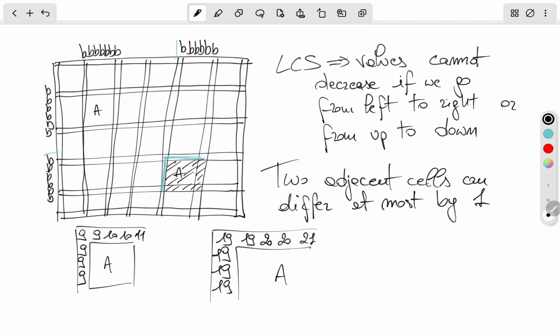In this case, the submatrix on the right has values that are 10 more than the values on the left. So these two submatrices are not equal to each other, but they're very similar.